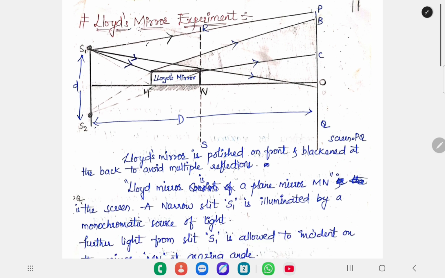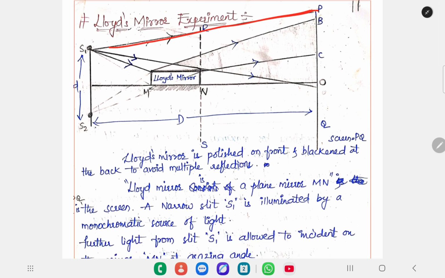Where is P(S1Q)? It is P, S1 and Q. This is Q. And another one is P(S2B).